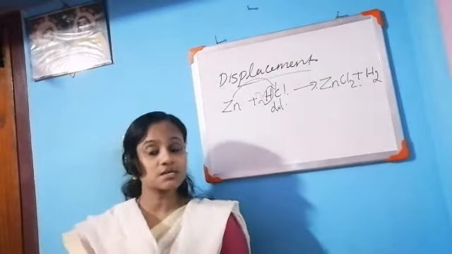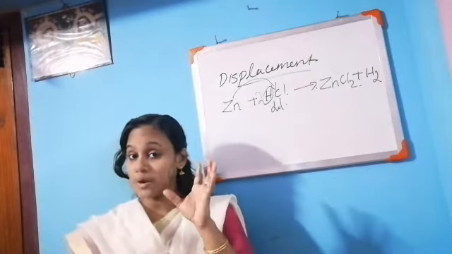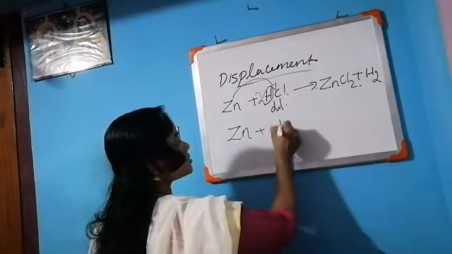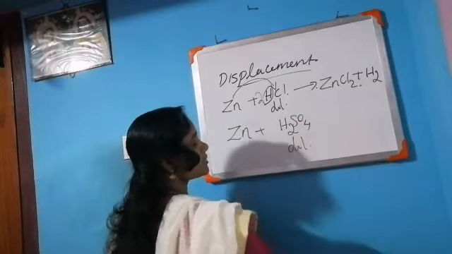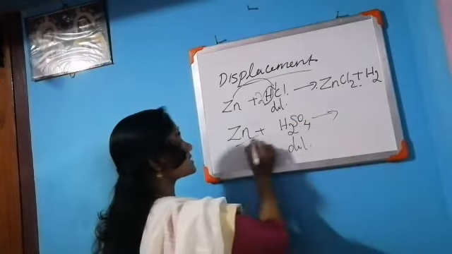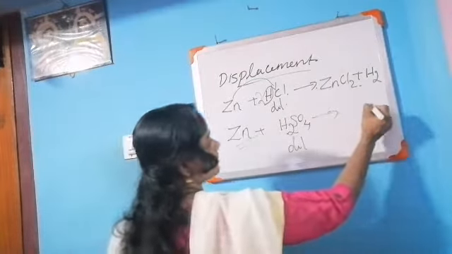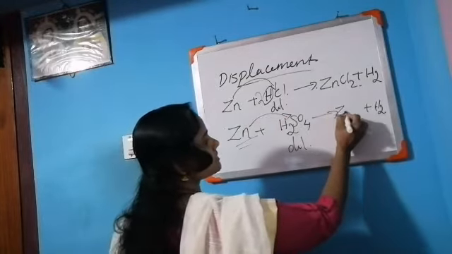Zinc reacts with HCl to form zinc chloride and hydrogen. Which gas is released? Hydrogen gas. Which sound is formed? A pop sound. Another example: zinc reacts with H2SO4, dilute sulfuric acid. Zinc displaces hydrogen gas, and zinc joins here to form zinc sulfate.